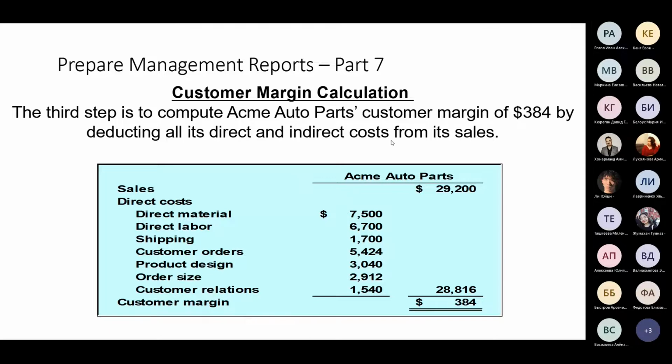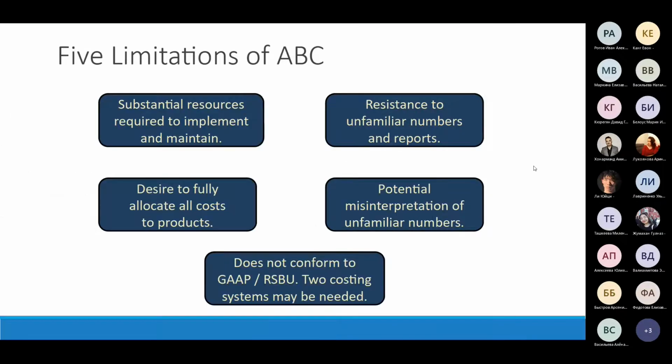So therefore, we can summarize this ABC costing topic, looking at the limitations of the activity-based costing method. First of all, activity-based costing uses substantial resources that are required to implement and maintain. So we need to put in lots of effort in order to implement ABC, because we need to train our employees.